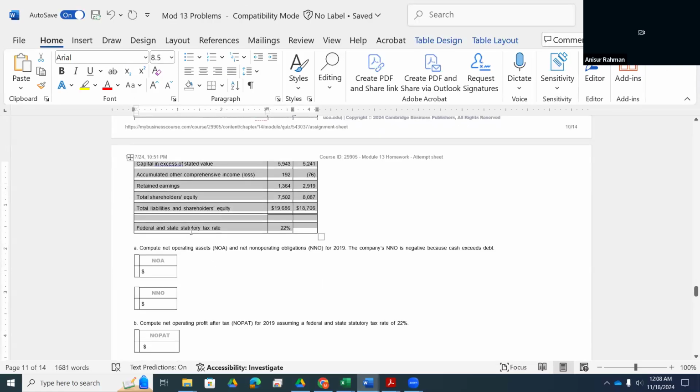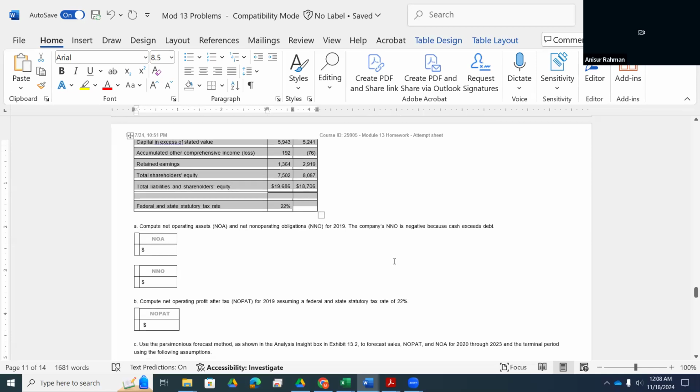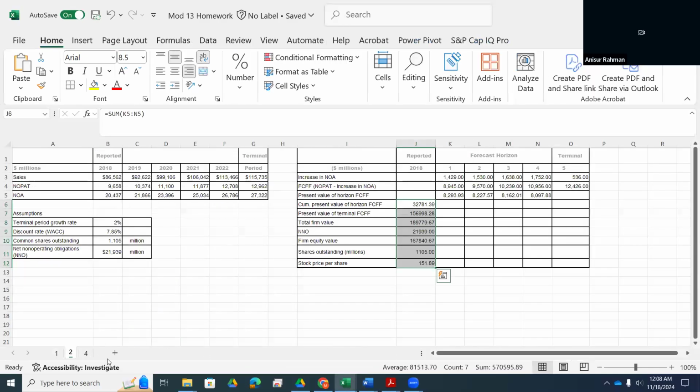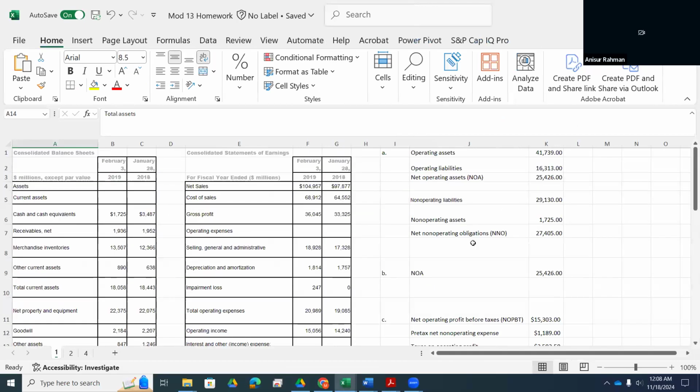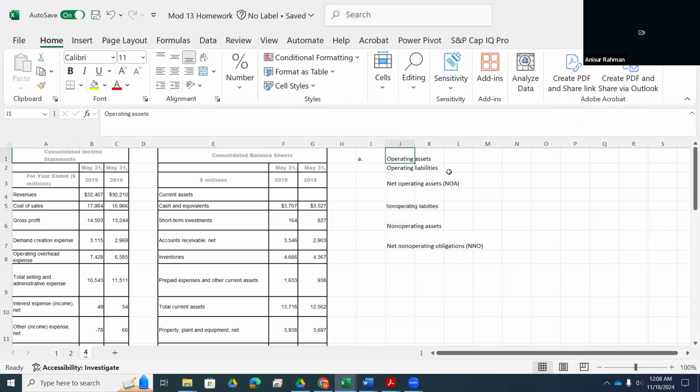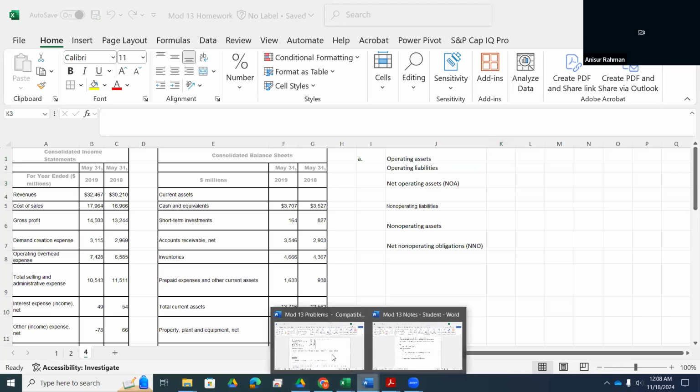So first we have to find out net operating assets and net non-operating obligation as before. I am going to go back to problem 1, copy this, Control-C, and paste here. To find net operating assets, we need operating assets and operating liabilities.